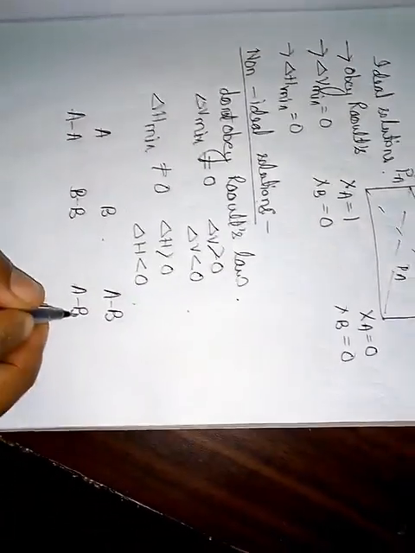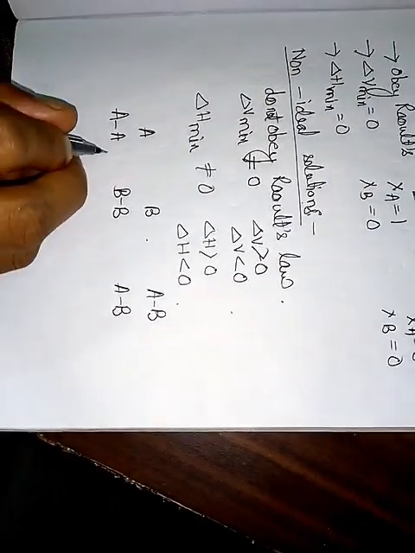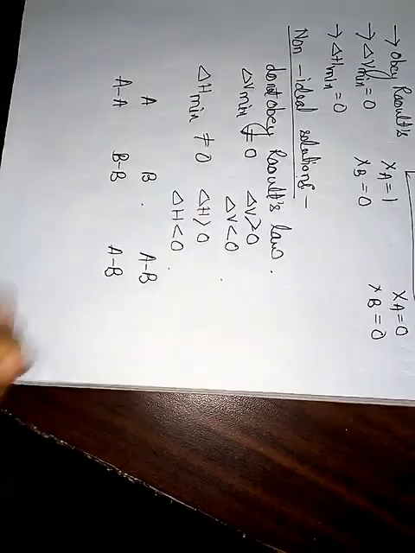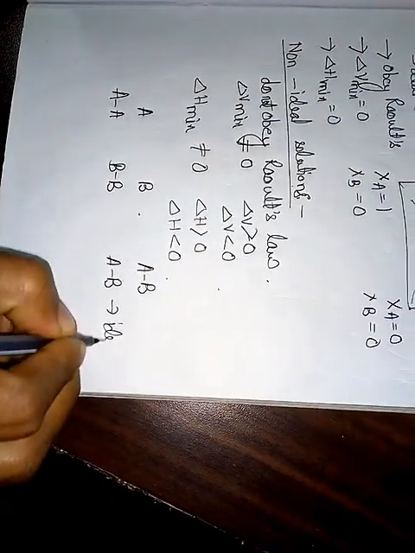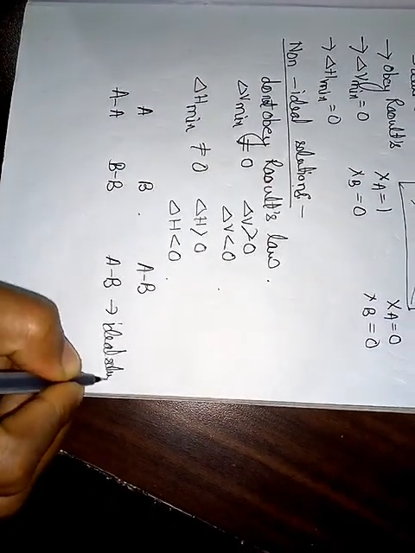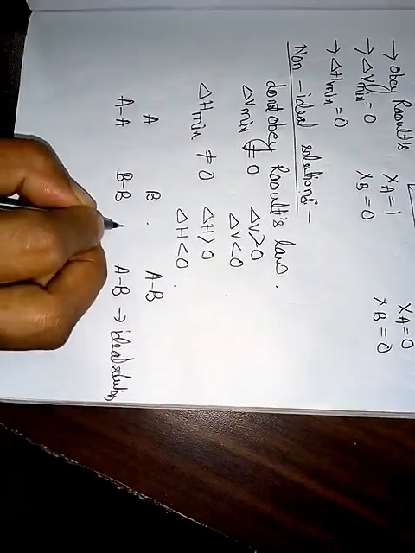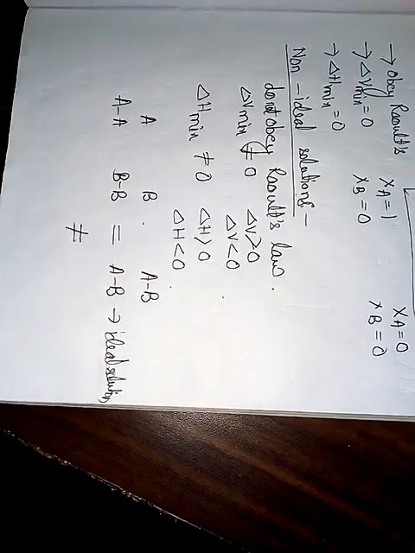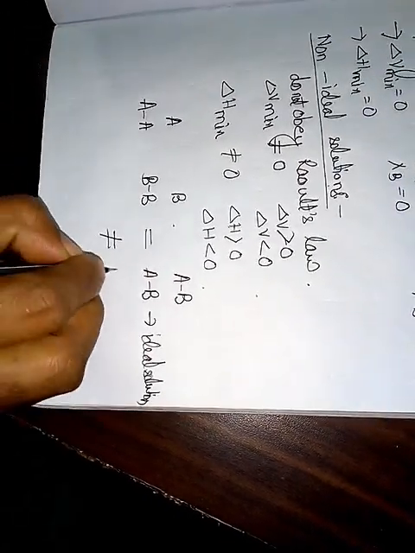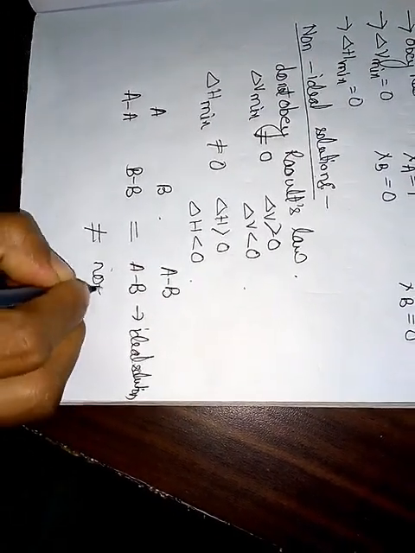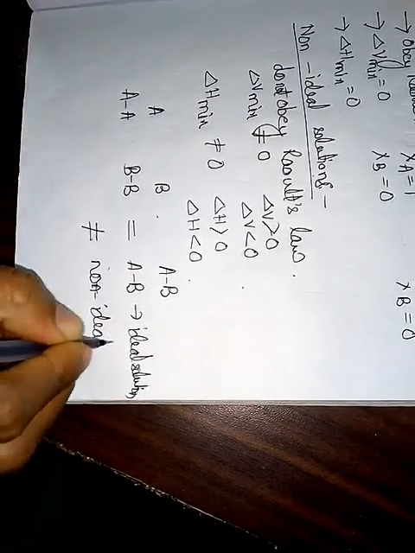When AB interactions are the same as AA interactions and BB interactions, that category gives you an ideal solution. If the interactions are not equal, then we go for non-ideal solutions.